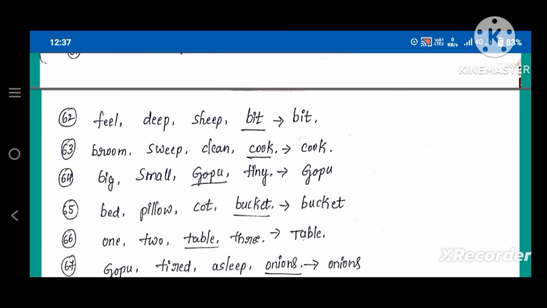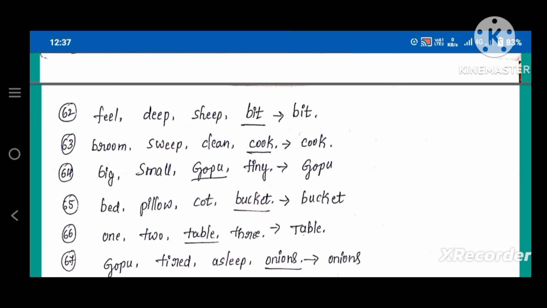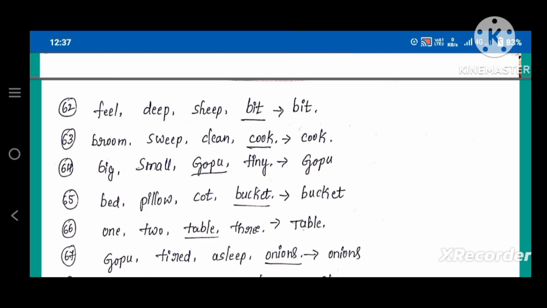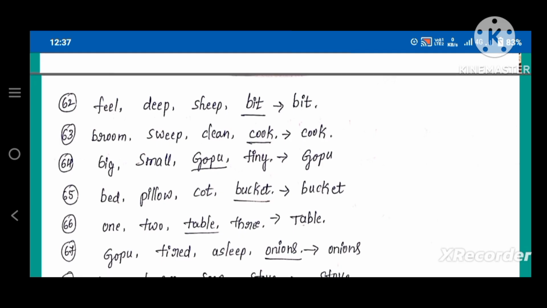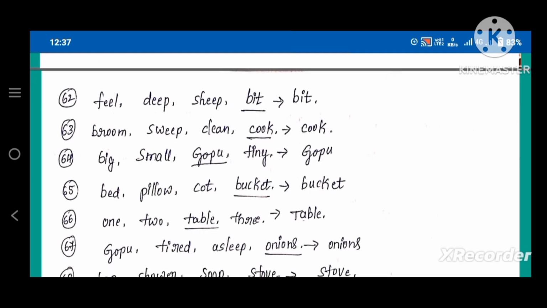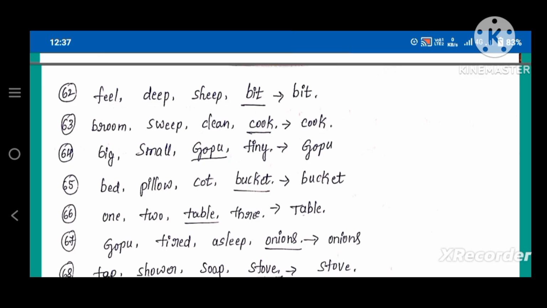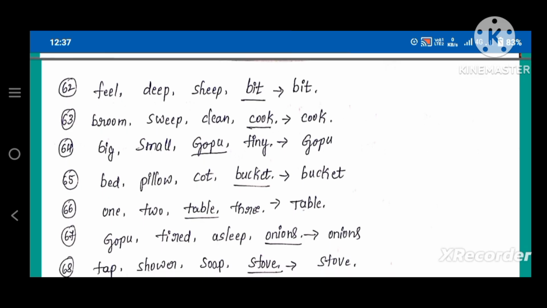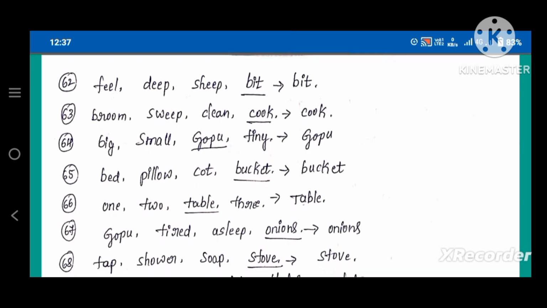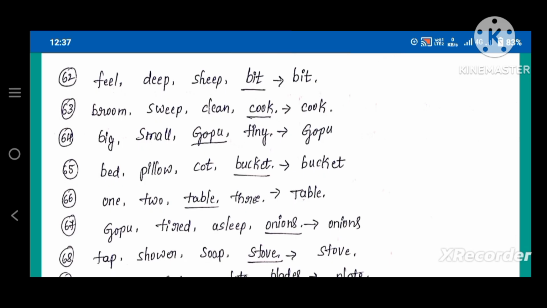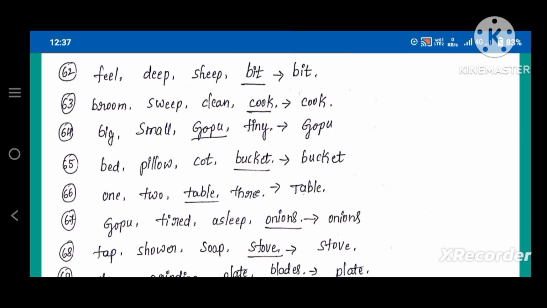62nd one, feel, deep, sheep, bit. Odd one is bit. 63rd one, broom, sweep, clean, cook. Odd one is cook. 64th one, big, small, Gopu, tiny. Odd one is Gopu. 65th one, bed, pillow, cot, bucket.